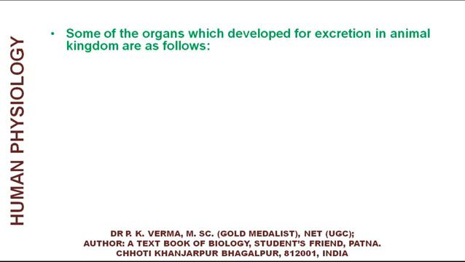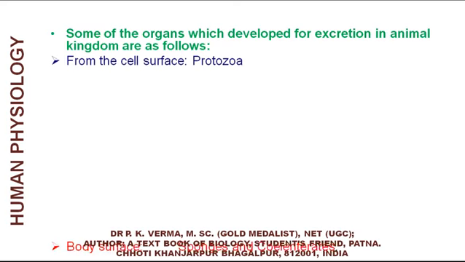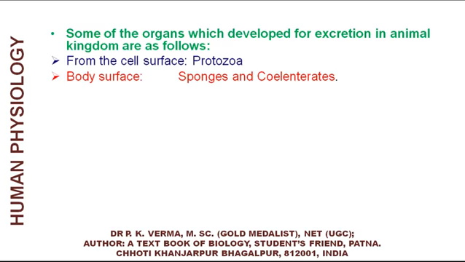In the animal kingdom, the excretory system evolved gradually and therefore in different phyla, different types of organs of excretion were formed. As I have discussed, in protozoa, ammonia is released from the cell surface, and in sponges and coelenterates, it is released directly from the body surface because the inner and outer cell layers are directly in contact with water.